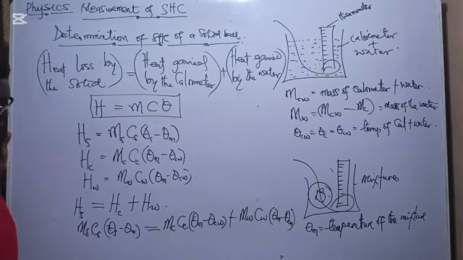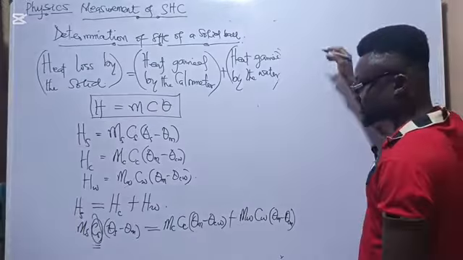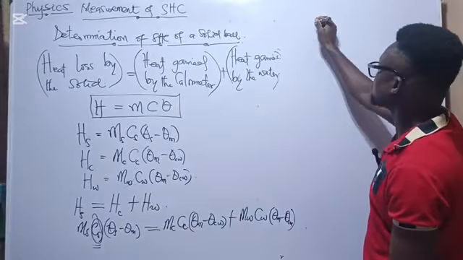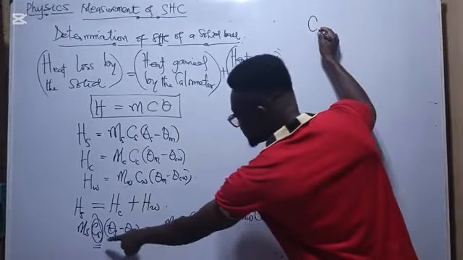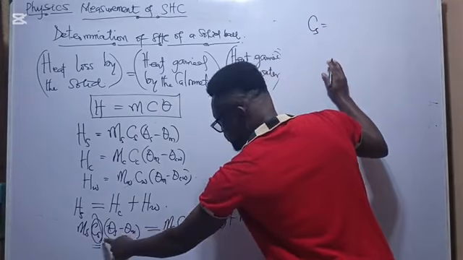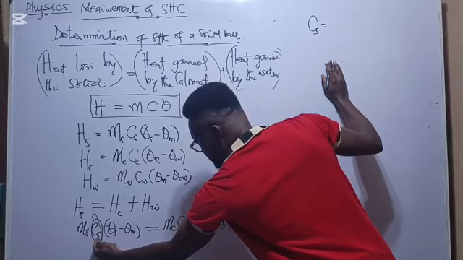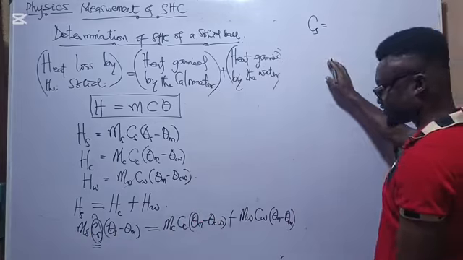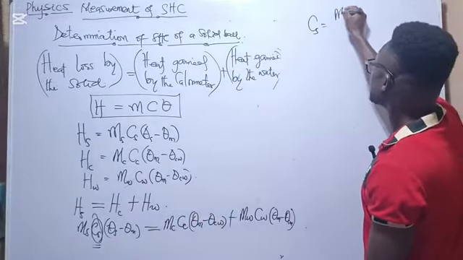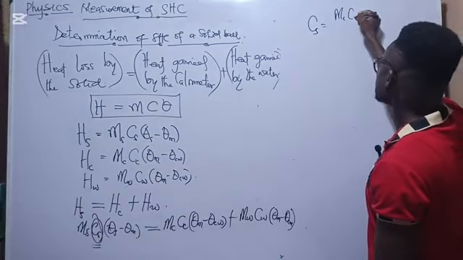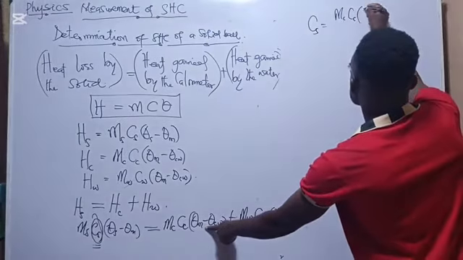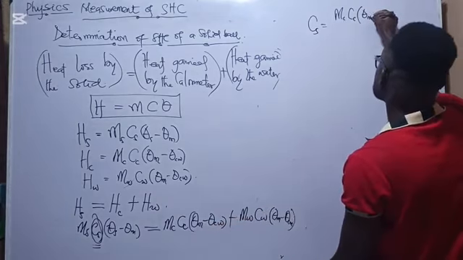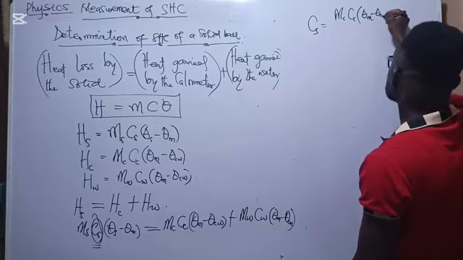Then the one we are looking for is the specific heat capacity of the solid. So we have to make it the subject of the formula. If we make it the subject of the formula, the specific heat capacity of the solid equals, remember you now divide by the coefficient of this Cs, which will be Ms and this temperature difference. So we have the mass of the calorimeter, the specific heat capacity of the calorimeter, then the temperature difference of the calorimeter.